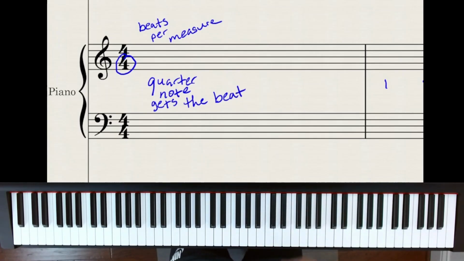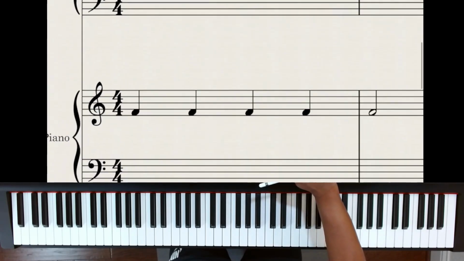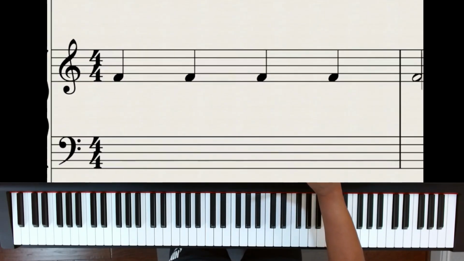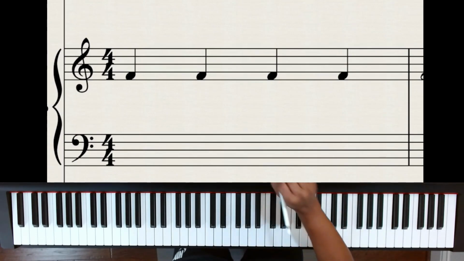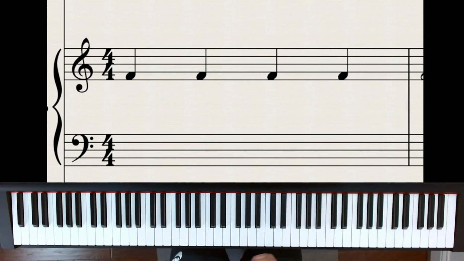So, once you know what the top and the bottom number in a time signature mean, you can then figure out how to go about playing through that time signature. Let's take a look at our first example here in 4/4. In this measure we have 4 quarter notes.